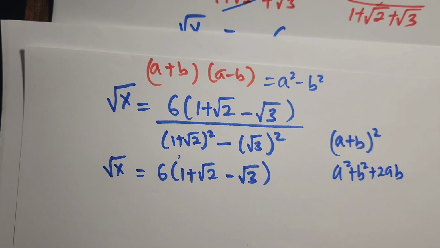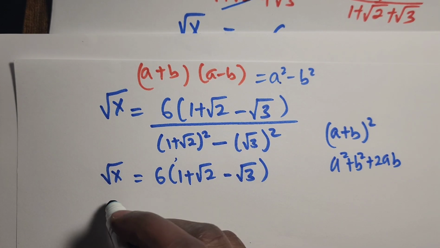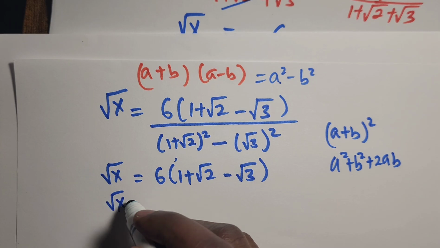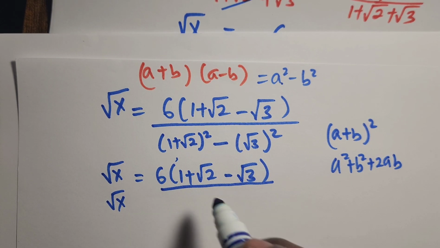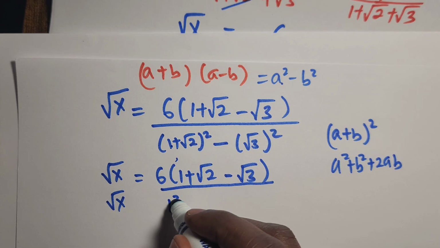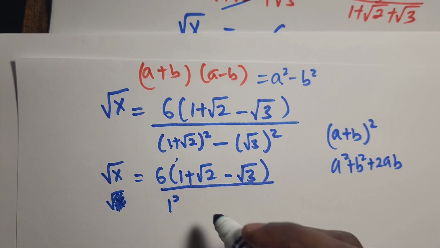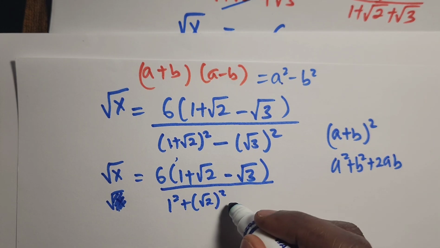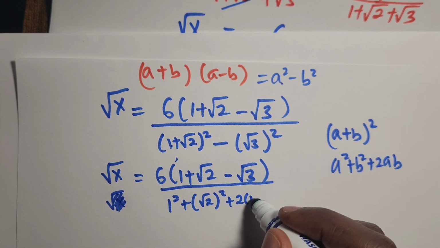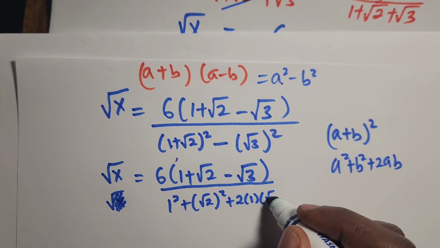Now, using the same technique, here, the square root of my x, here in the denominator, I'm going to have 1 squared plus the square root of 2 squared plus 2a and b.